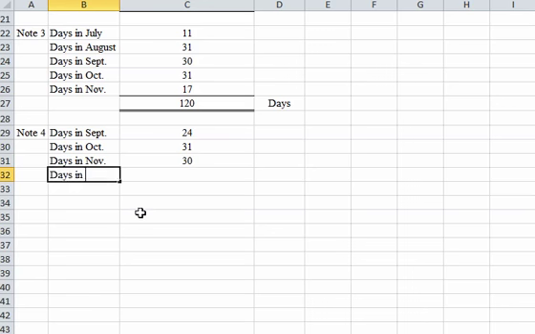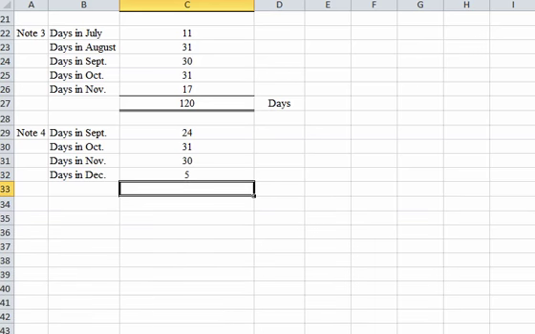So days in December is 90 minus 85 that we've already picked up. You can do that in your head. 5 days in December. Gets us back to our total in the term, 90 days. So the due date on note 4 will be December 5th.